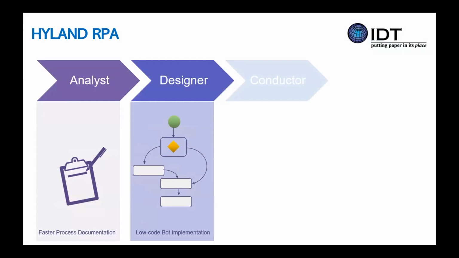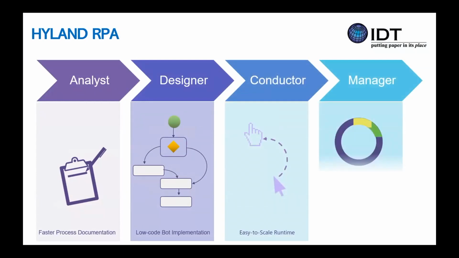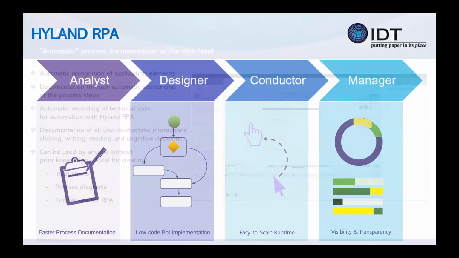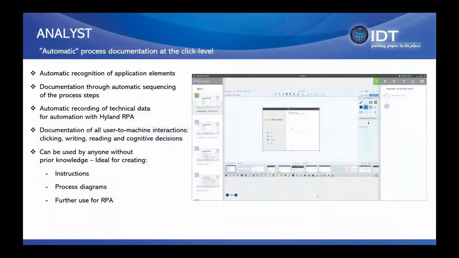So what makes up Hyland RPA? We've talked about where it fits, we've talked about why to pick it, but let's talk about what it actually is. Well, it's a collection of 4 separate programs. Now, this may sound a little complex, but I promise it isn't. First and foremost, what we have is the ANALYST. Think of it as a drop-in helper.